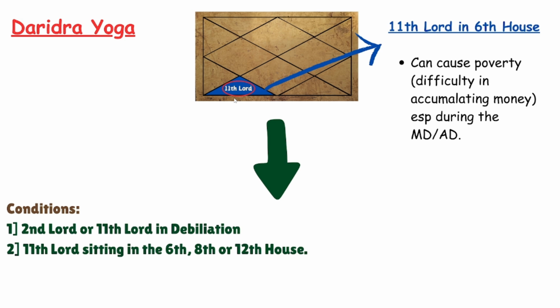But there is no need to worry, because it is possible that this effect will only be during the respective Mahadashas and Antardashas. During that time period, you may feel difficulty in accumulating money, but you don't have to think that you will be poor for the rest of your life.